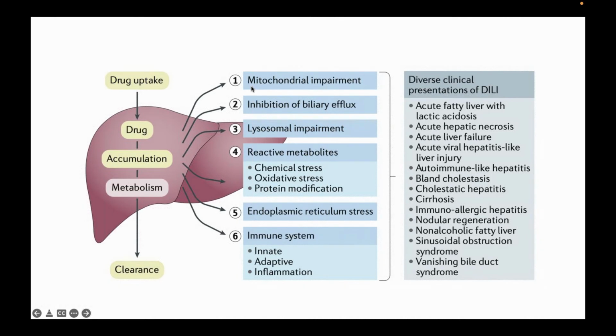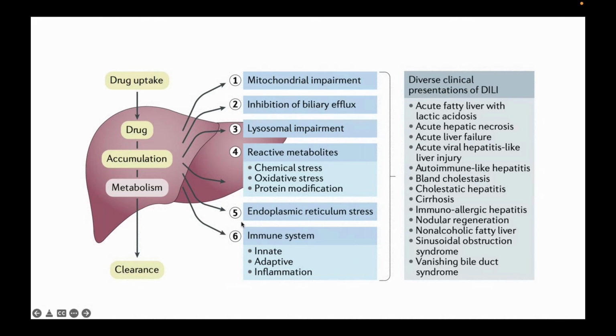It can cause mitochondrial impairment. It can inhibit biliary efflux or biliary secretion. It can cause lysosomal impairment. The drug itself can be metabolized, and it can produce reactive metabolites that can eventually lead to chemical, oxidative, or protein modification stressors on the hepatocyte itself.